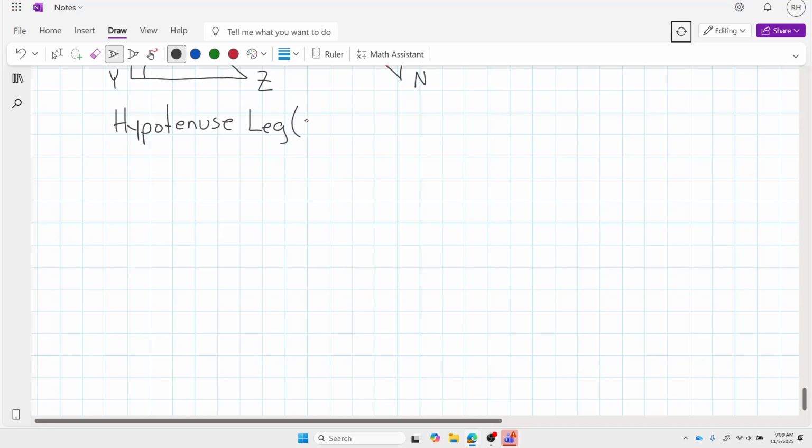They'll refer to it in the book as HL. What do you think needs to be congruent now? A leg and a hypotenuse. Great answer. Hypotenuse and leg.